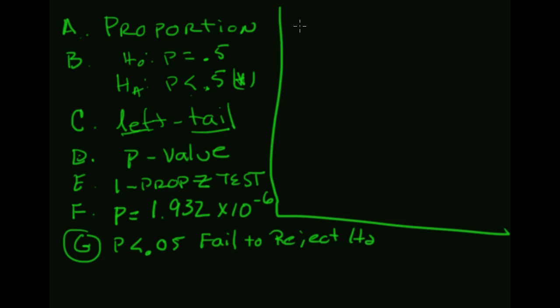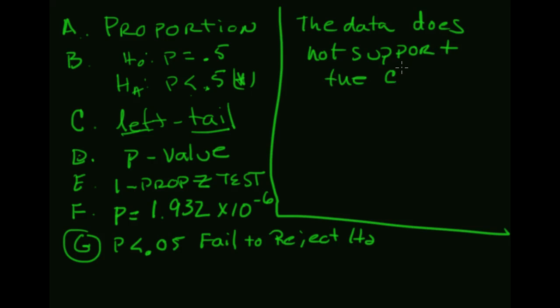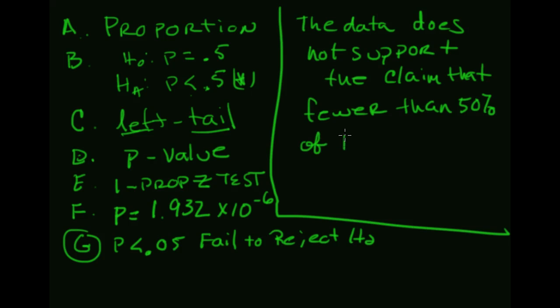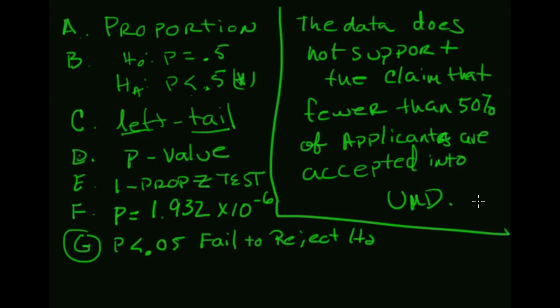So if we reject H null, the data supports the claim that fewer than 50% of applicants are accepted into Maryland. Alright, so that's all 4 problems.